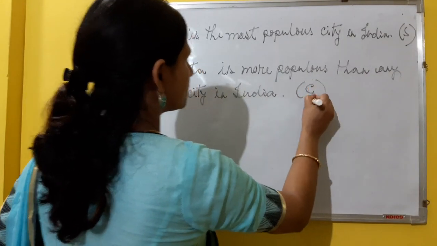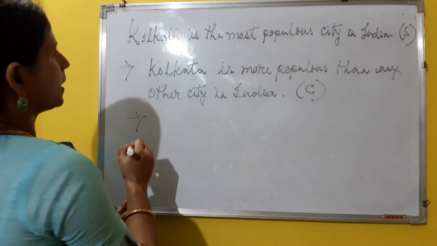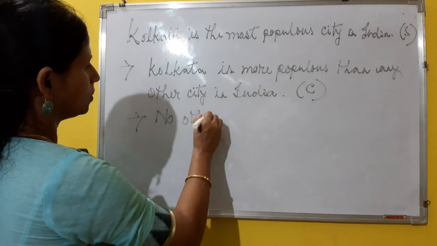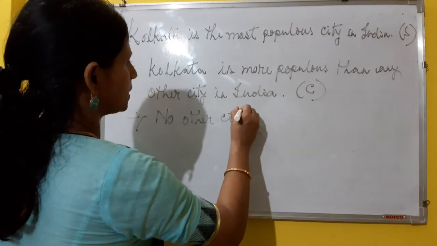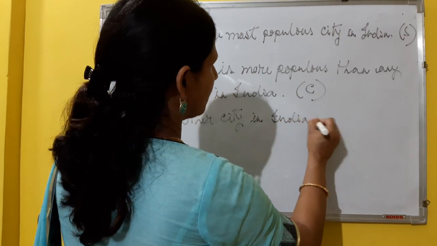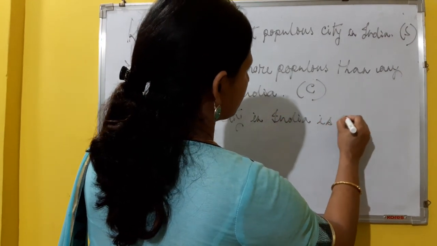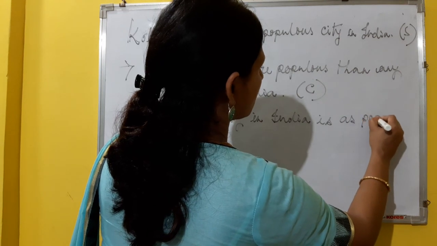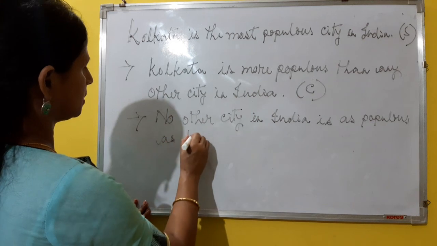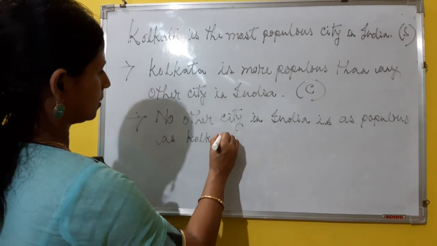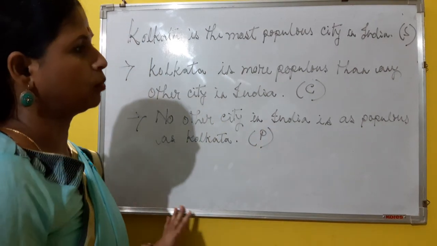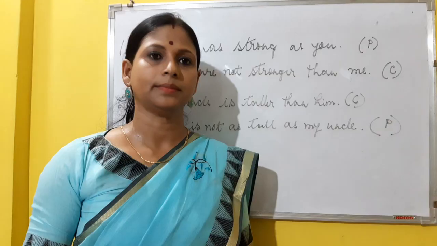This is the comparative form, and the positive will be, no other city in India is as populous as Kolkata. This is in the positive degree form.